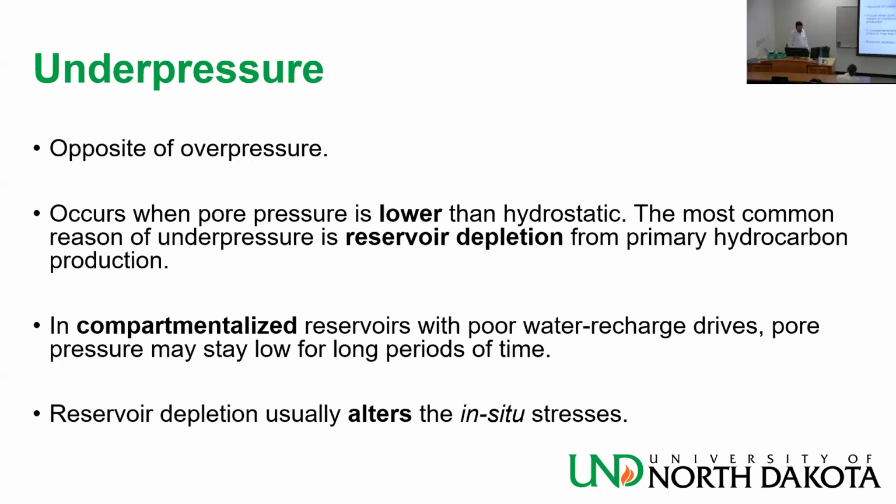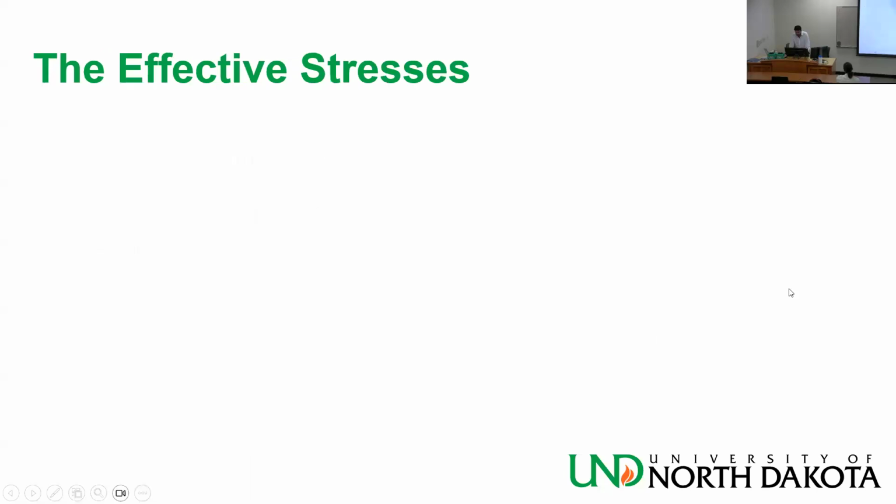Reservoir depletion also alters the in situ stresses, so it impacts the SV, SH max, SH min we were talking about, just like overpressure does. And there are implications in that. Okay, so we talked about the in situ stresses being affected by the overpressure and the underpressure, right?